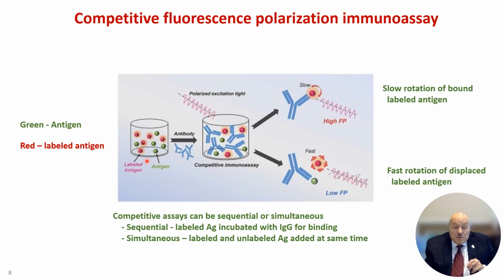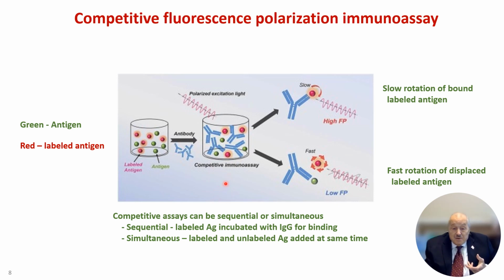So what you would start with, if you did it sequentially, is your antibody solution, and add some of your red or your labeled antigen to that. Give them a chance to bind together. So now you have a system poised. The labeled antigens are all stuck to the antibodies, and you get a high polarization because the rotation is slow.